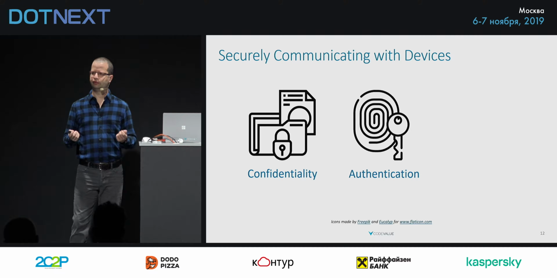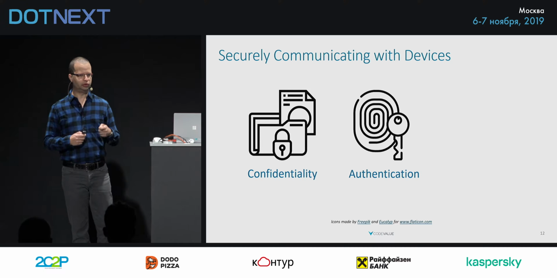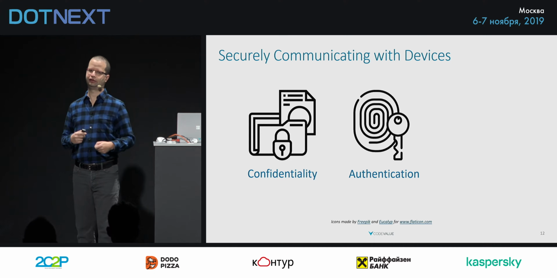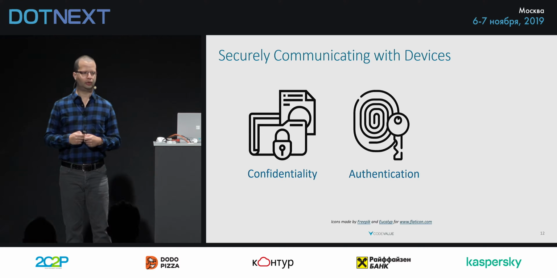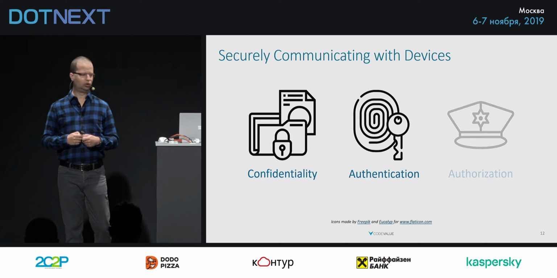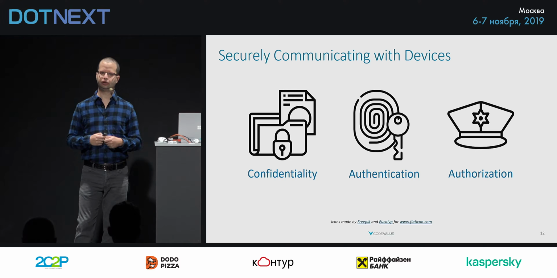We want to achieve authentication, meaning that if a device claims it is a certain device, we want to know that it is who it claims it is. So no one's faking their identity. And once we've authenticated the device, we want to authorize it. We need to make sure that it is allowed to send data, to which data ingestion pipeline it should send data, what types of data it should send, and so on.